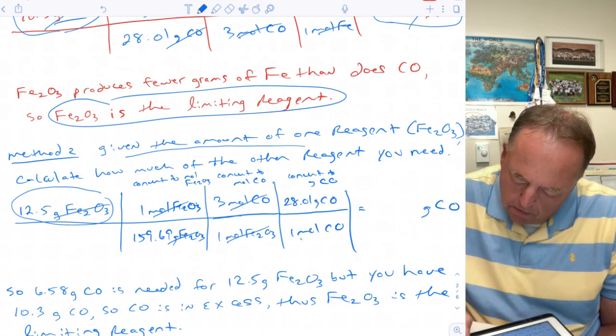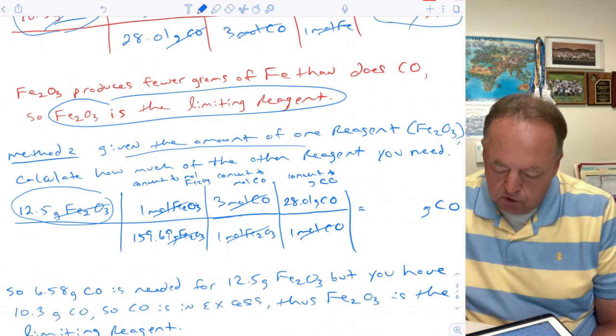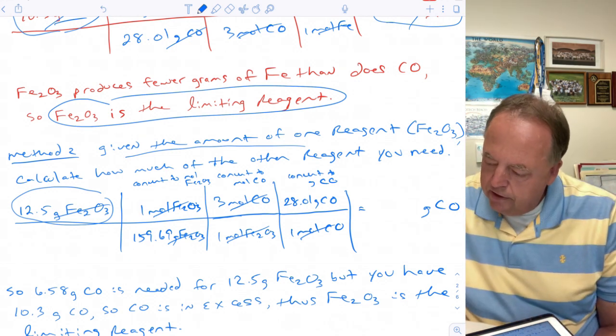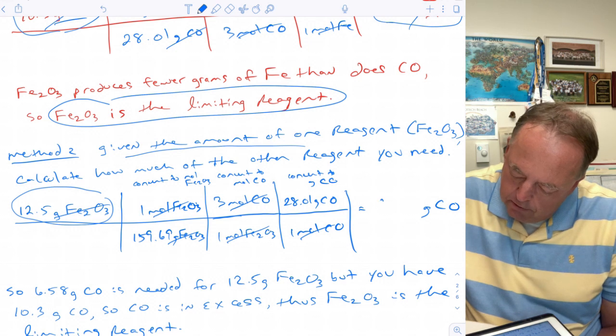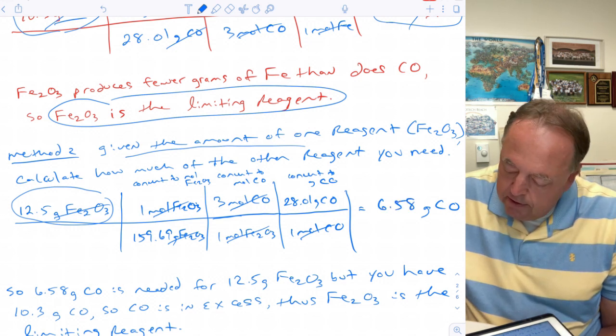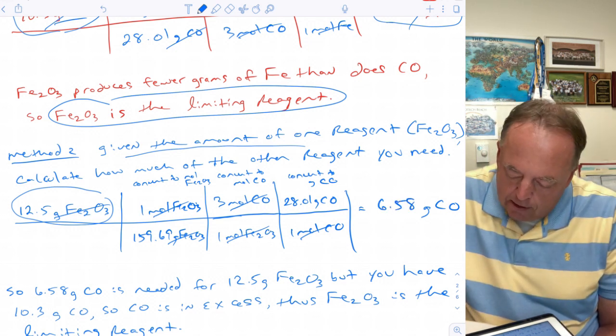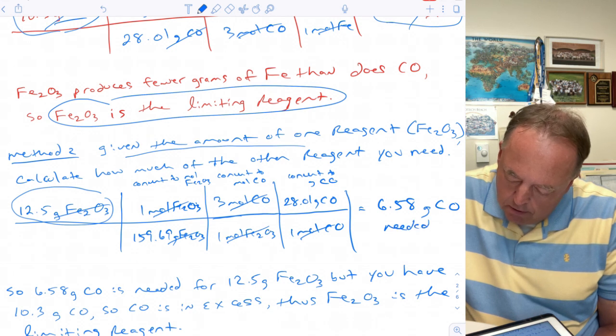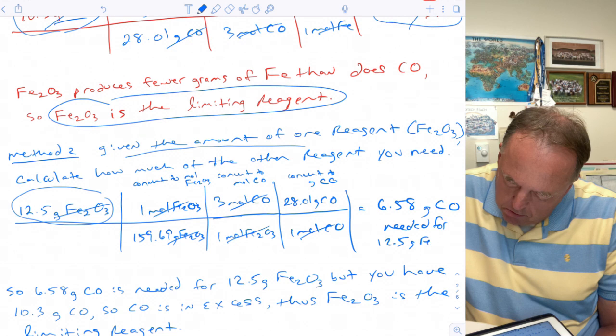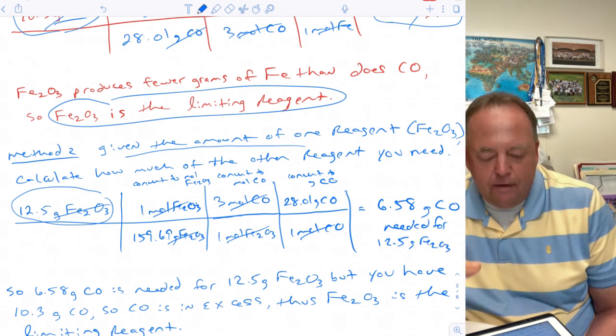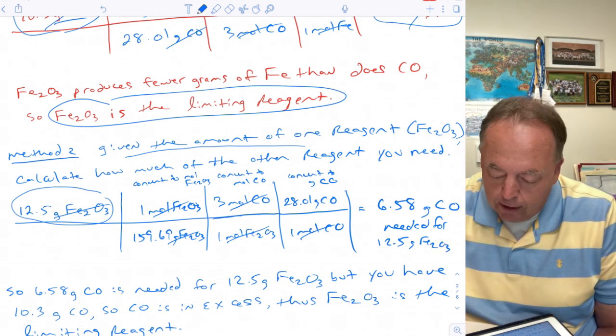Right, so moles of carbon monoxide cancel, and now you're in grams of carbon monoxide. So that would give you 6.58 grams of carbon monoxide is needed for 12.5 grams of iron 3 oxide.